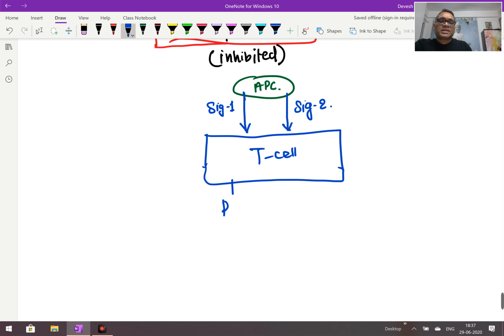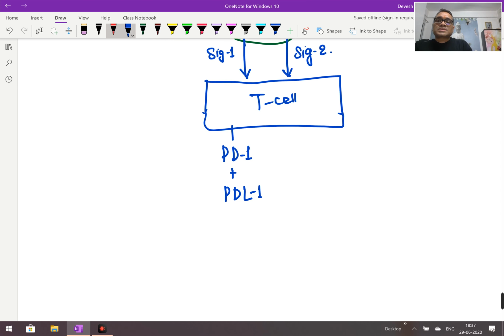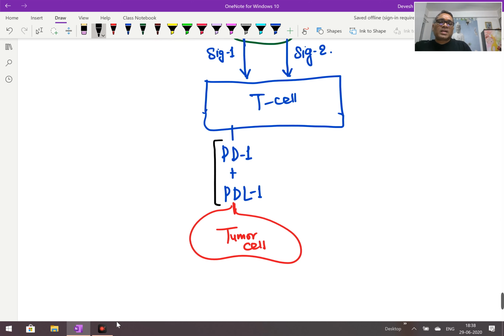But what is here? Programmed death 1 receptor is present on the T cell. What will happen? This will combine with programmed death ligand 1. This programmed death ligand 1 is present on the tumor or cancer cell. So the tumor cell has programmed death ligand 1. So when this combination happens, whenever this PD1 binds with PD ligand 1 on the tumor cell, this will inhibit.